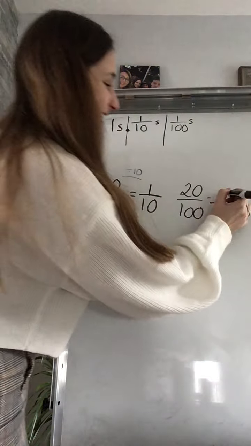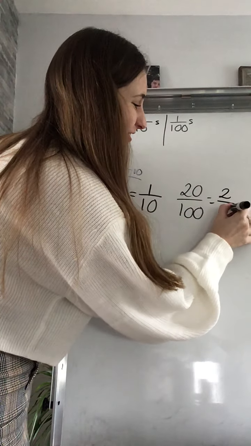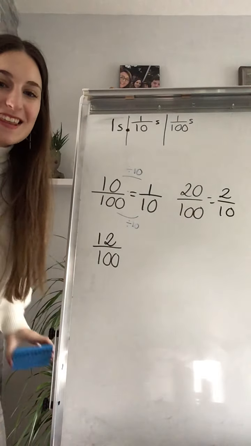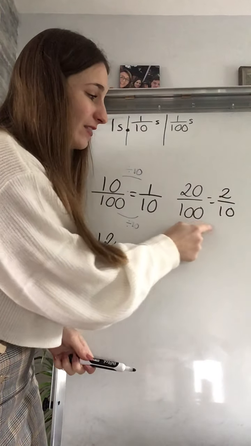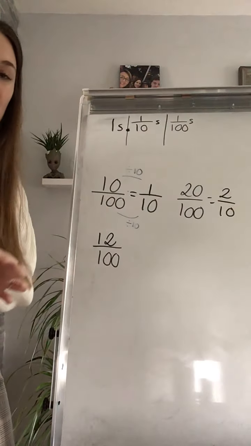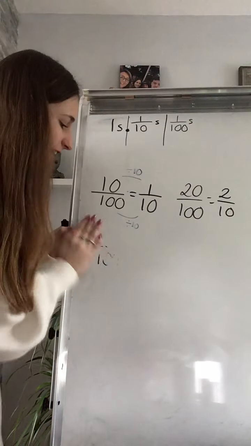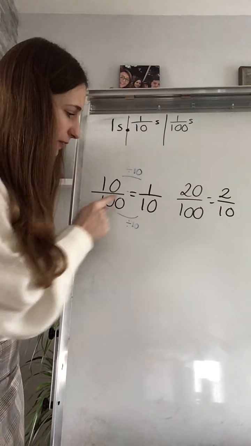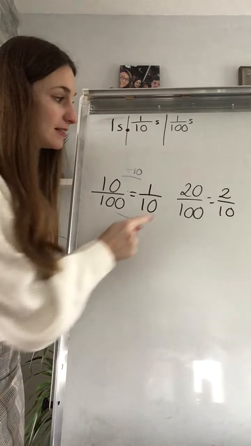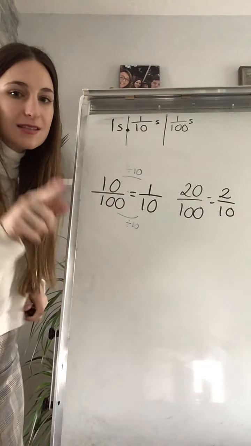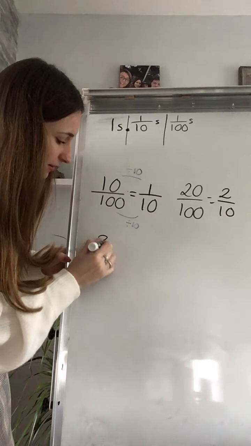You've got it. It is equivalent to 2 tenths. Can you see that? If I divide 20 by 10 it is 2, 100 by 10 is 10. Look at that, 10 hundredths is the same as 1 tenth, 20 hundredths is the same as 2 tenths. Do you think that you can do this?